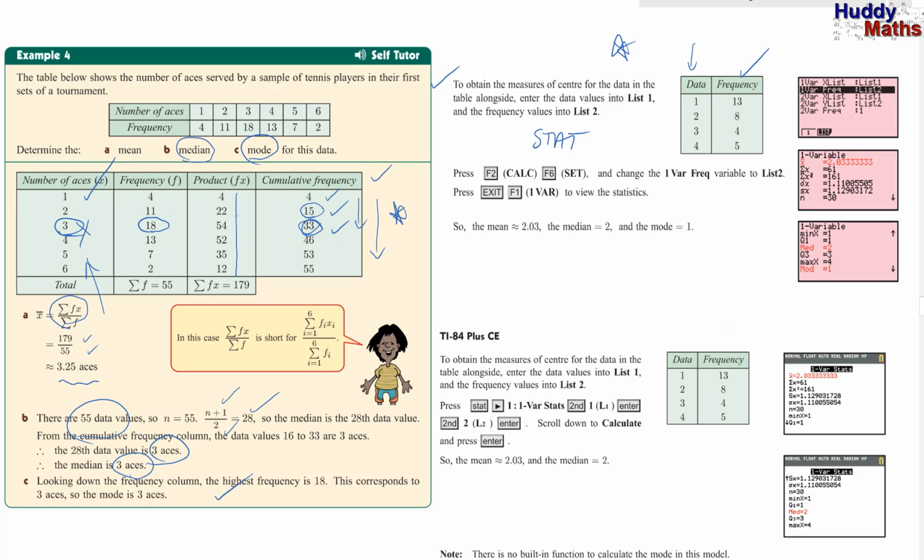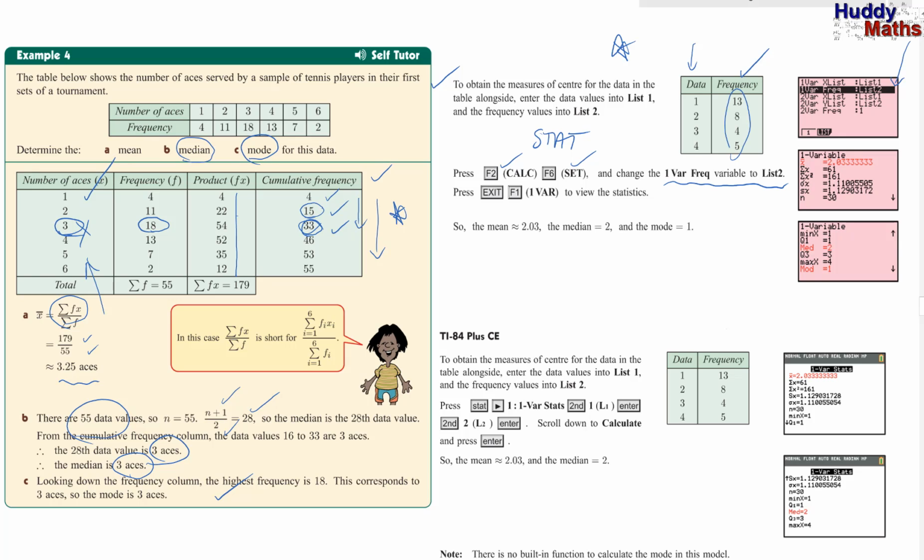So you go to F2 as we did before, F6 set it, and change one variable frequency to list 2. Usually the calculator is set up as the Casio for a start, so that the frequency is just 1.